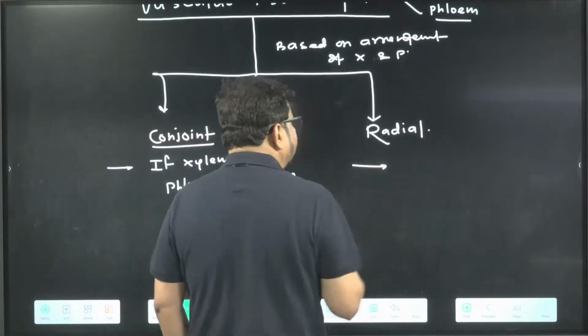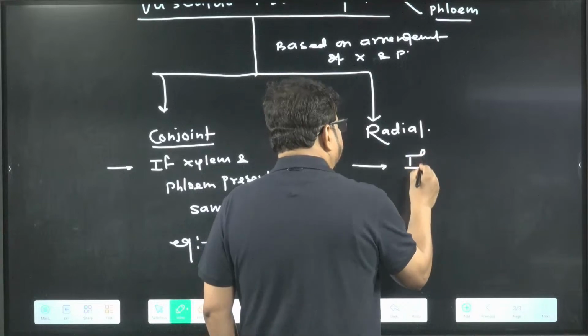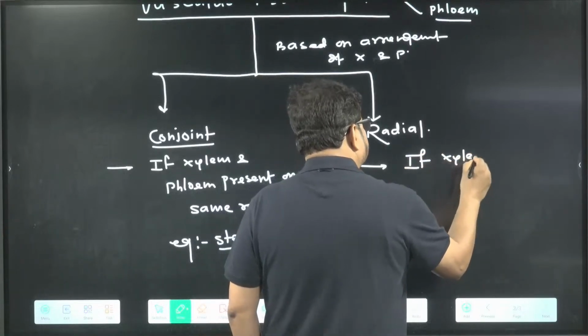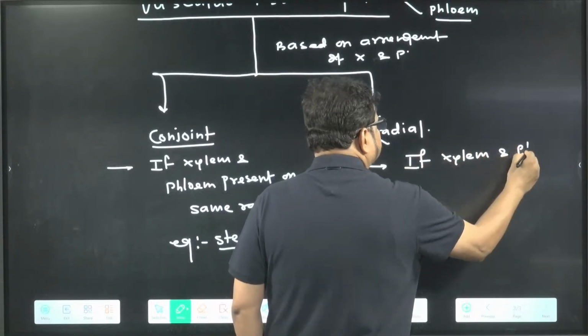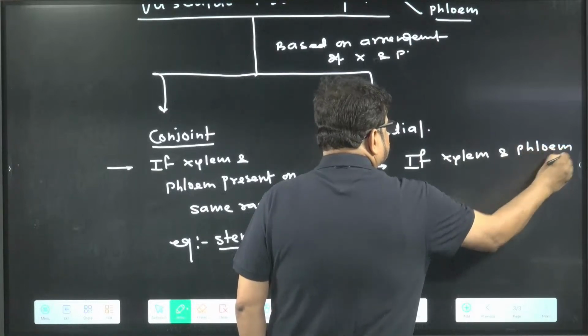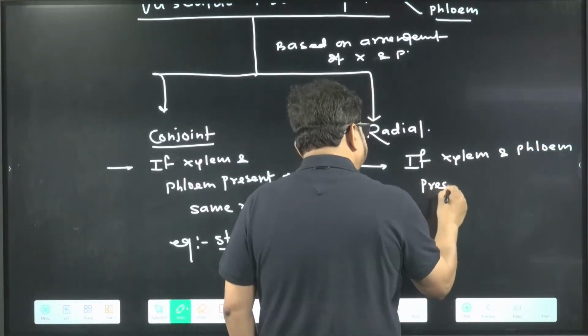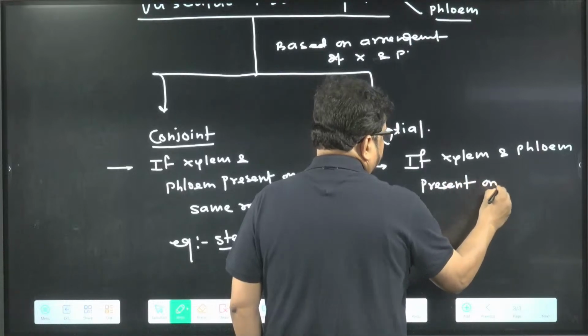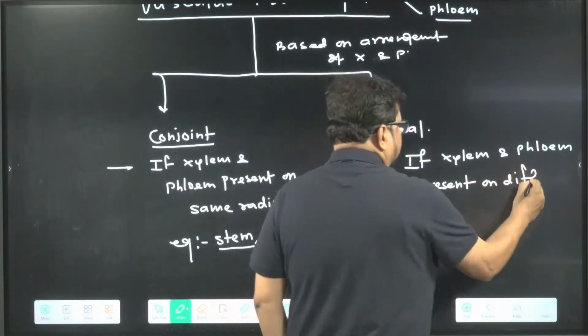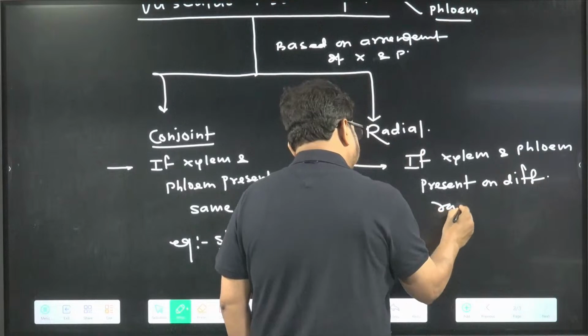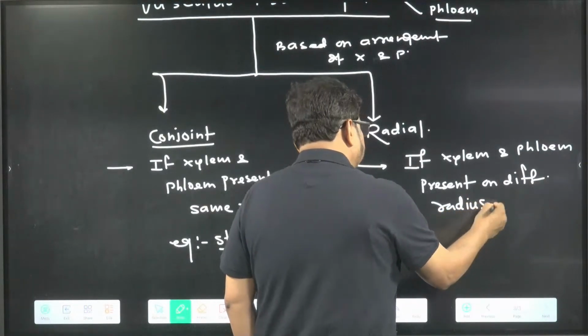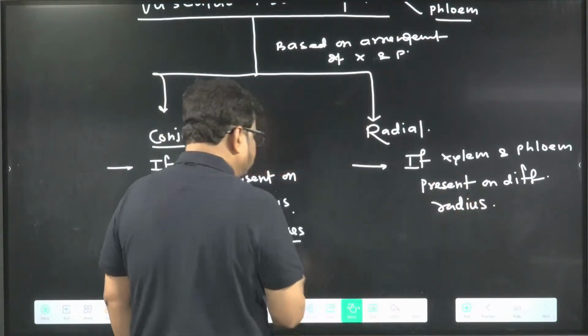What is radial vascular tissue system? If xylem and phloem are present on different radius, it is called which vascular tissue system?